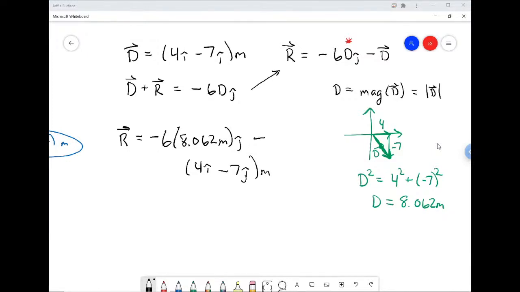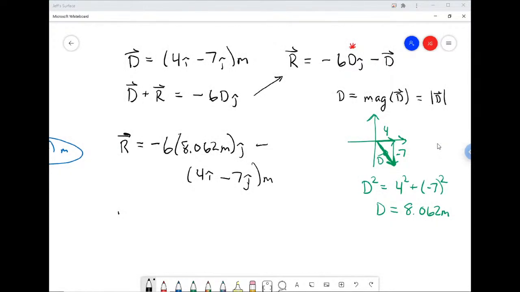All right, so what I'm saying here is let's group the x components together. So this first term doesn't have an i hat component. So the i hat component, the x component of the total, is just going to be minus 4.